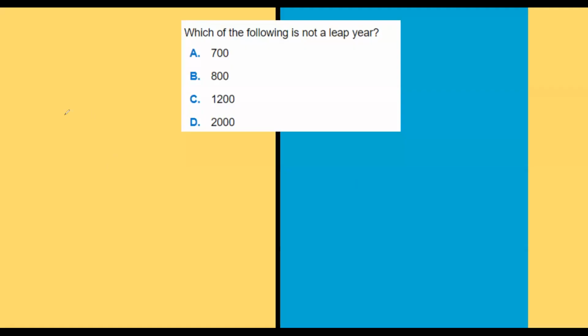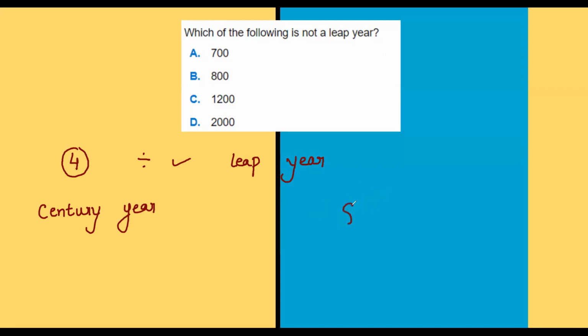Now see the leap year questions. Which of the following is not a leap year? For finding a leap year, we divide by 4. If the number is completely divisible, that means it is a leap year. But the rule varies when it is a century year. A century year means it has 100 as a factor. Suppose we have 800.